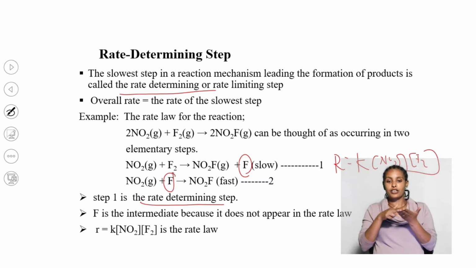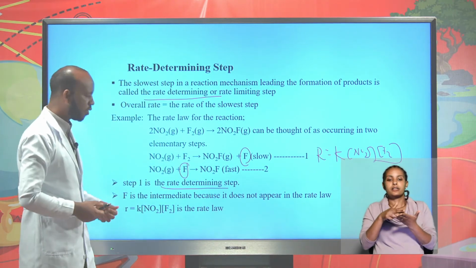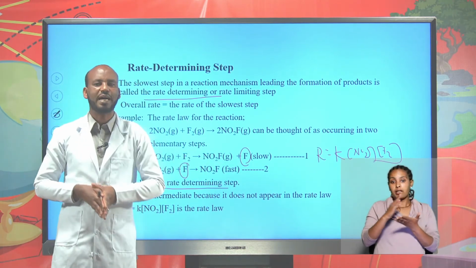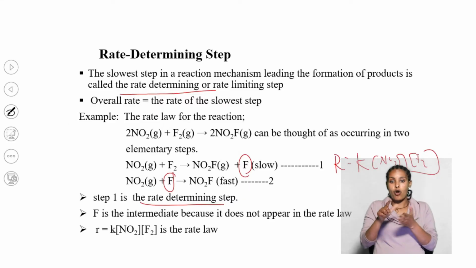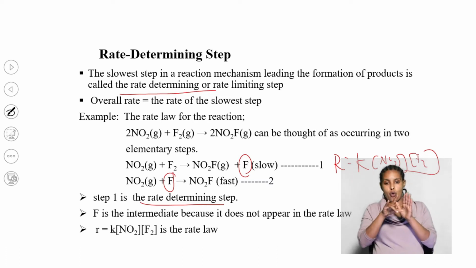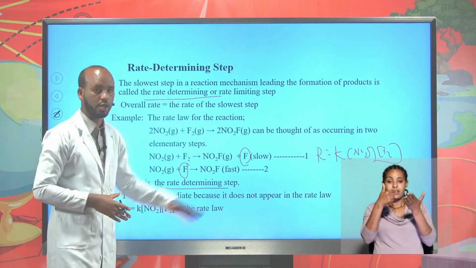As we said, elementary reactions add up to give the overall reaction. Therefore, intermediates do not appear in the rate law expression. F is the intermediate because it does not appear in the rate law. Now, rate of this reaction is k times concentration of NO2 times concentration of F2, which is the rate law for this reaction.